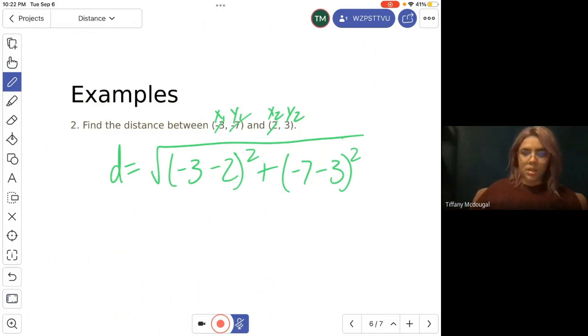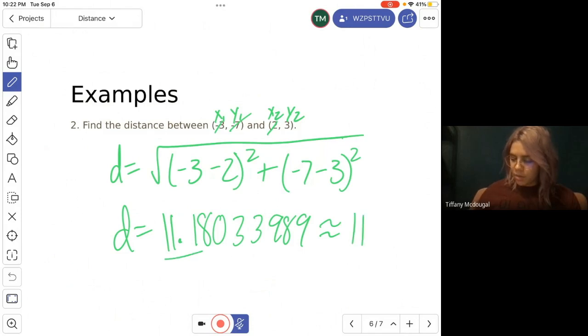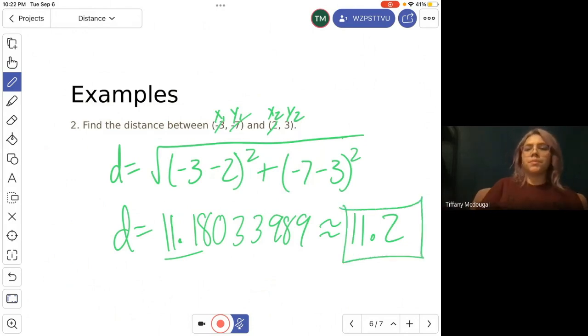And that gives me, there we go, distance is equal to 11.180333989, which when I round to 3 sig figs, right here, 11.2 as my final answer.